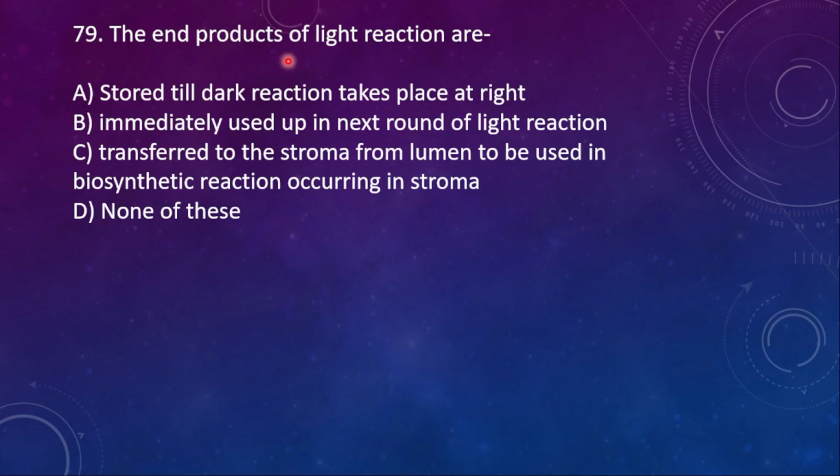79. The end products of light reaction are A, stored till dark reaction takes place at night. B, immediately used up in the next round of light reaction. C, transferred to the stroma from the lumen to be used in biosynthetic reaction occurring in the stroma. D, none of this.